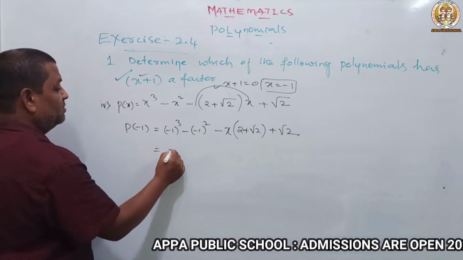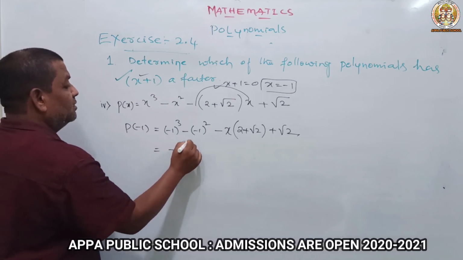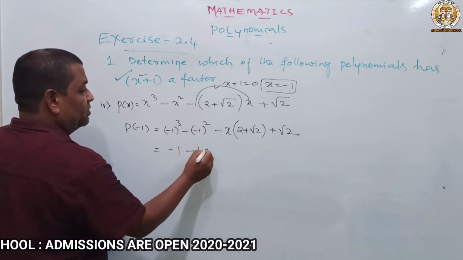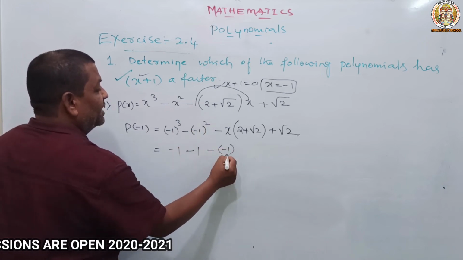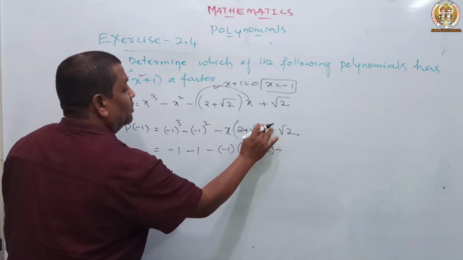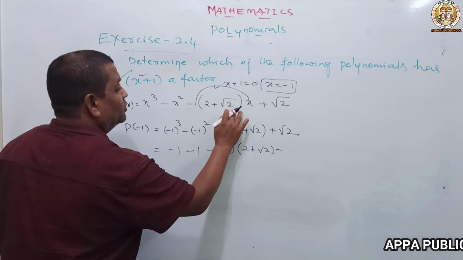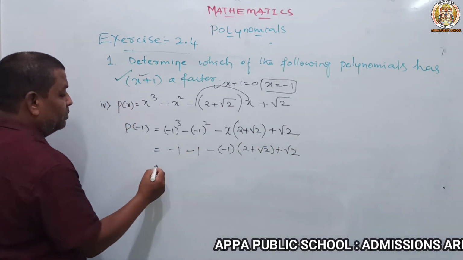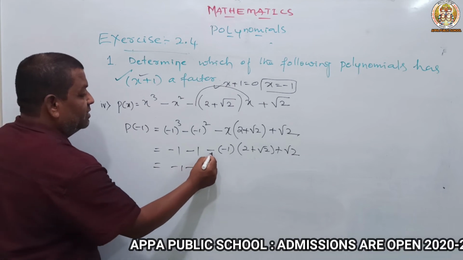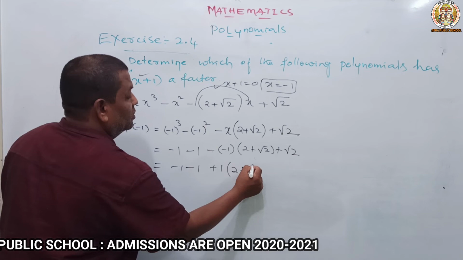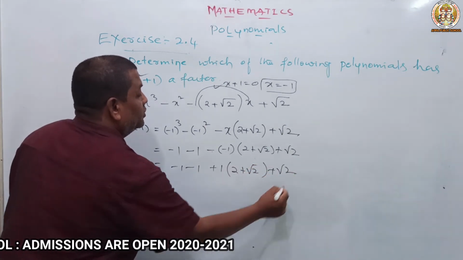So this is minus 1 square, plus 1, plus into minus 1 of 2 plus root 2, plus root 2. Okay. Open the bracket. Minus 1 minus 1, minus into minus plus 1 and 2 plus root 2, plus root 2.